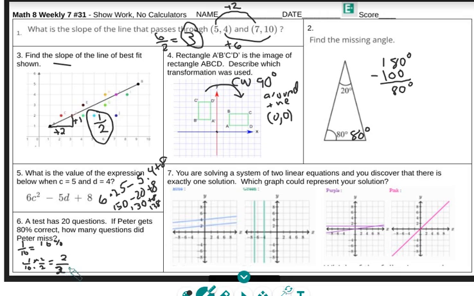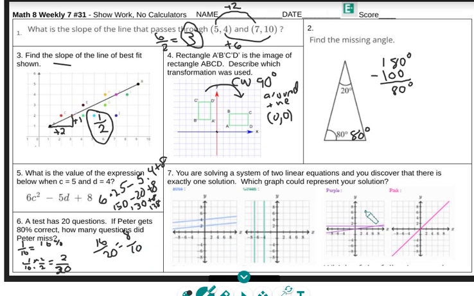Oops, that's a 2, because 10 times 2 is 20. Every 2 questions I get right, I would get 10%. So we need to really multiply our numerator by 8. So 2 times 8 is 16. 16/20ths would work. This is also equal to 8 out of 10.